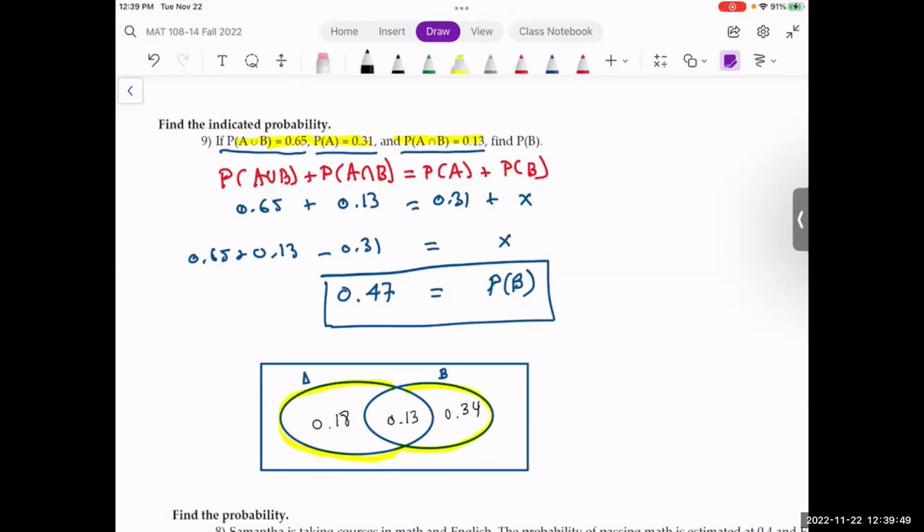Are we okay? All right, so what we are looking for right now is the probability of B. If you add together 0.13 and 0.34, you get 0.47. So it works out either way, right?